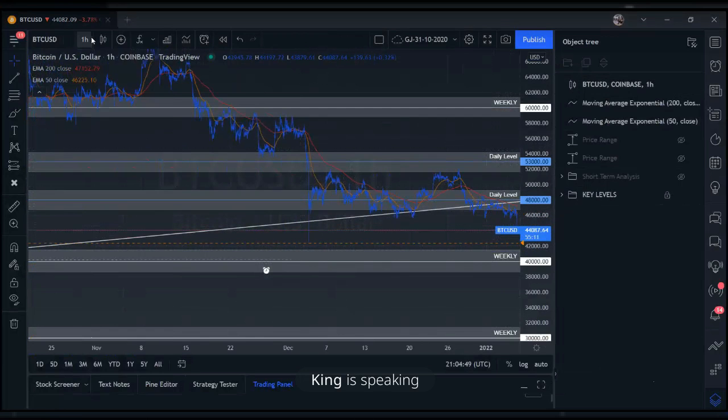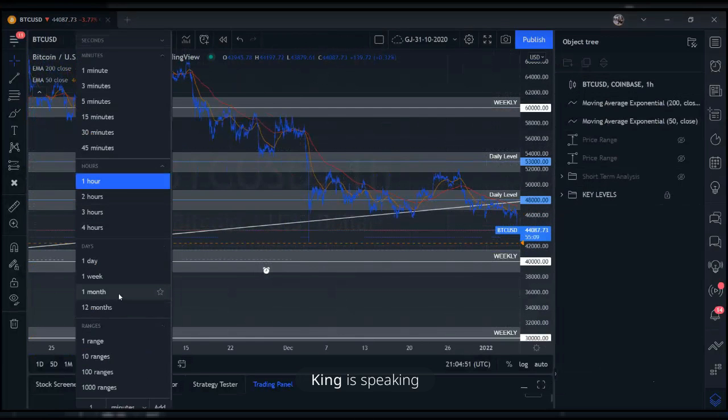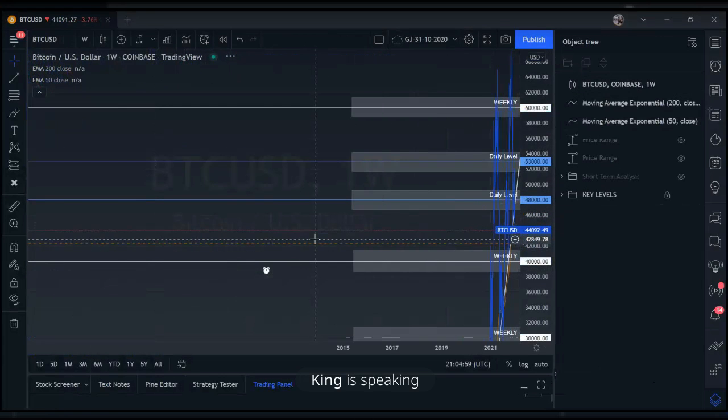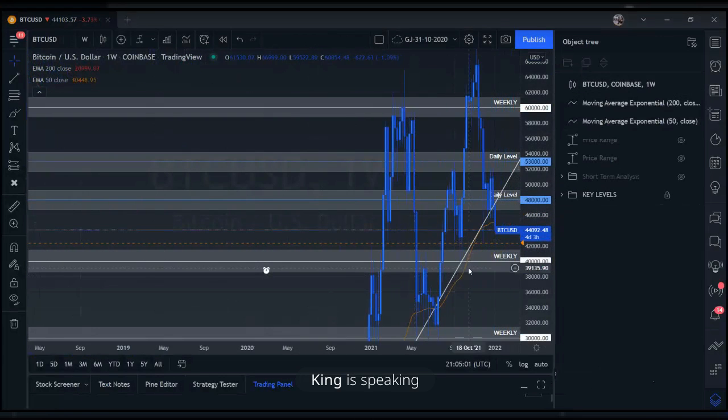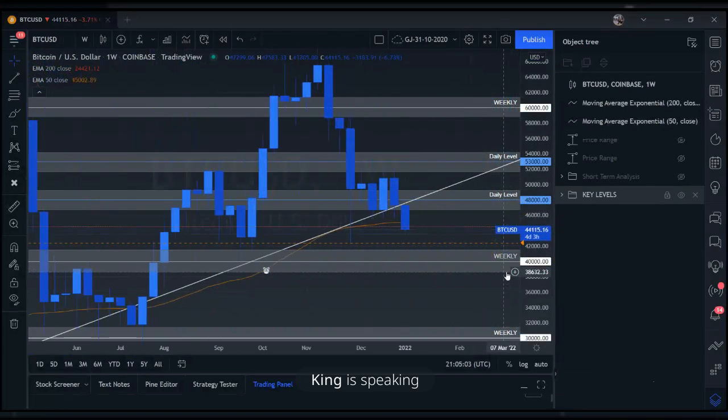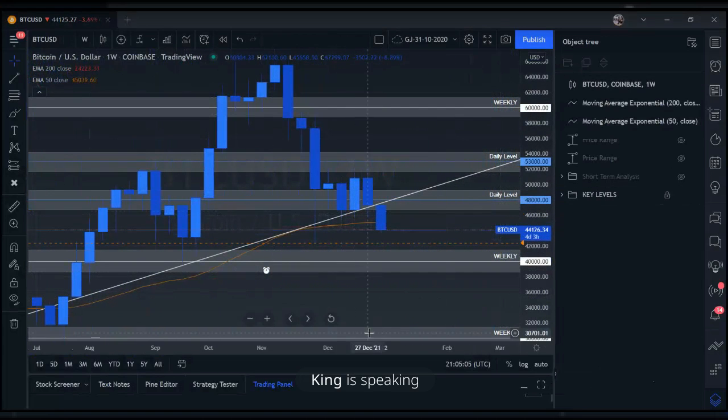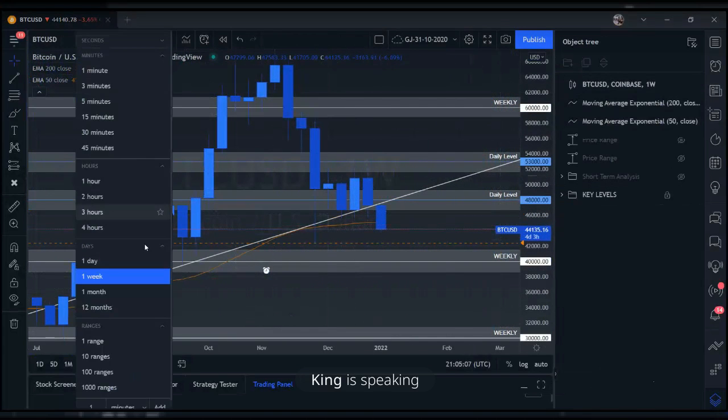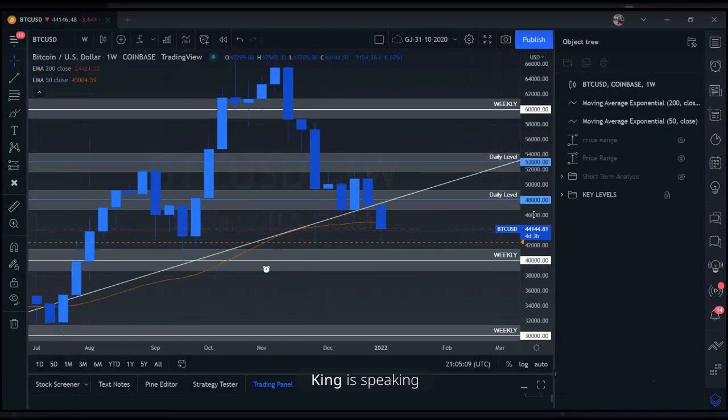The reason why I picked these two weekly levels is because I like to think of ranges. So we have this weekly range, I've got another one down here, and then within that we've got the daily range.